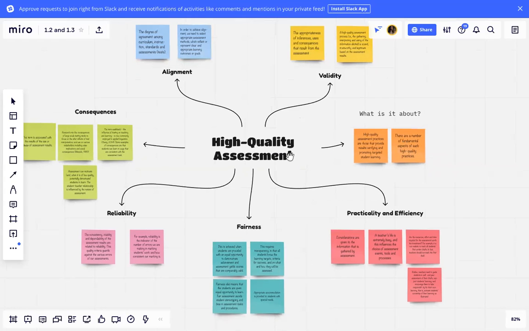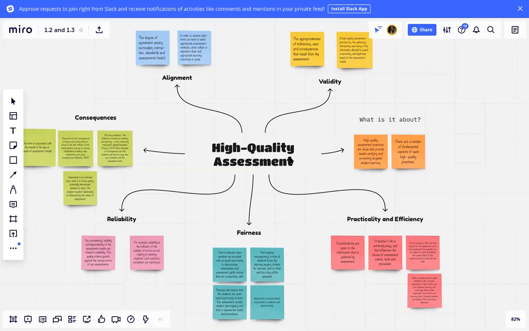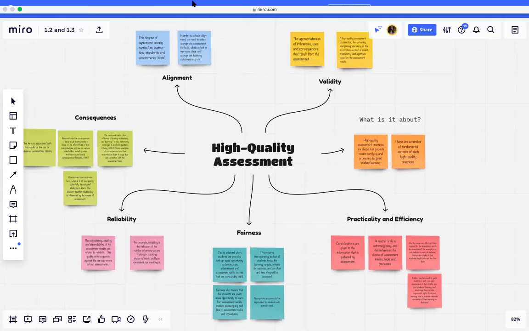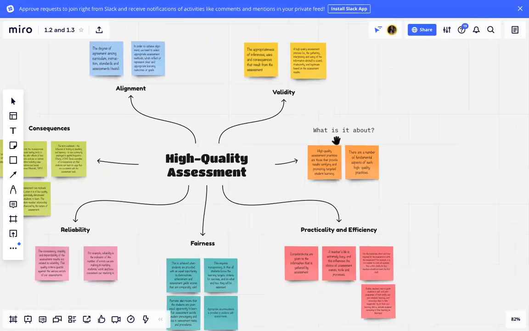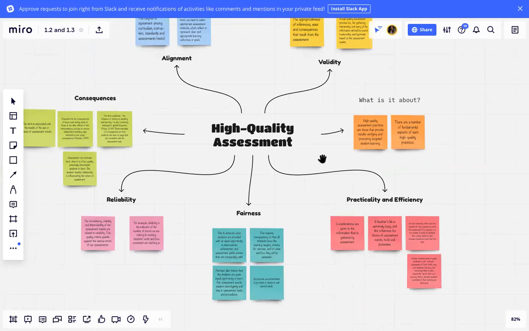So now we're going to see something about high quality assessment, and the first thing is what is it about? So these are those practices that, give me a minute. My internet doesn't work well.